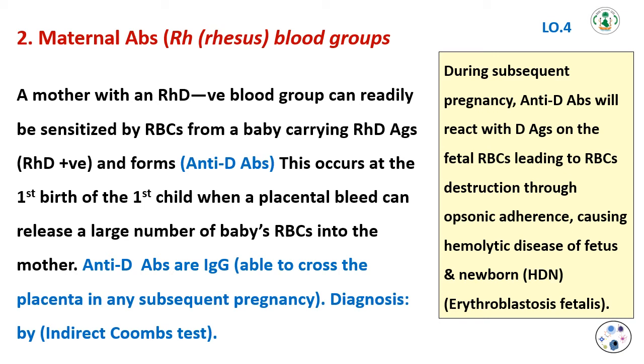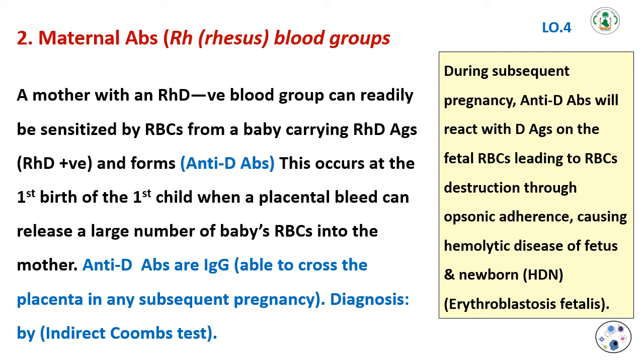Anti-D antibodies are IgG. Why IgG? Because IgG can cross the placenta, while IgM cannot, because it is pentameric. IgG is then able to cross the placenta in any subsequent pregnancy to the fetus.